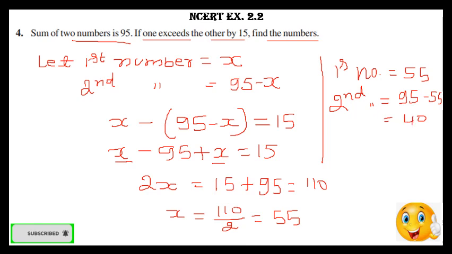So we got the two numbers 55 and 40, and they differ from each other by 15. So the difference of both is 15, and their sum is 95. I hope the question is quite clear.